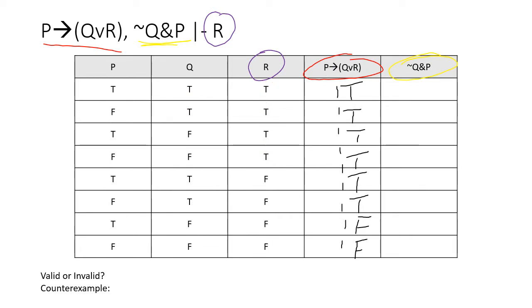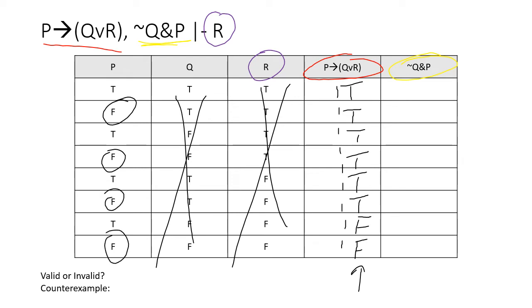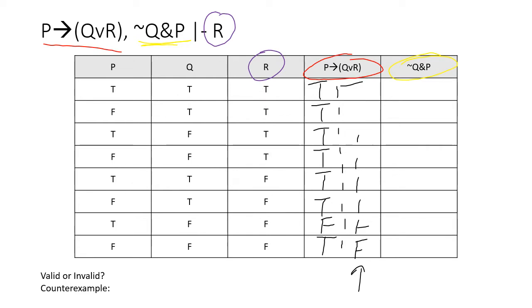And now we can bring back in the P arrow. So this is our right side here, our consequent, and P is going to be our antecedent. So an arrow is true wherever the left side is false, or the right side is true, which in this case is a lot of them. Not there though. And so it's going to be true, true, true, true, true, true, false, true. We can get rid of this right column because that's not our main operator.